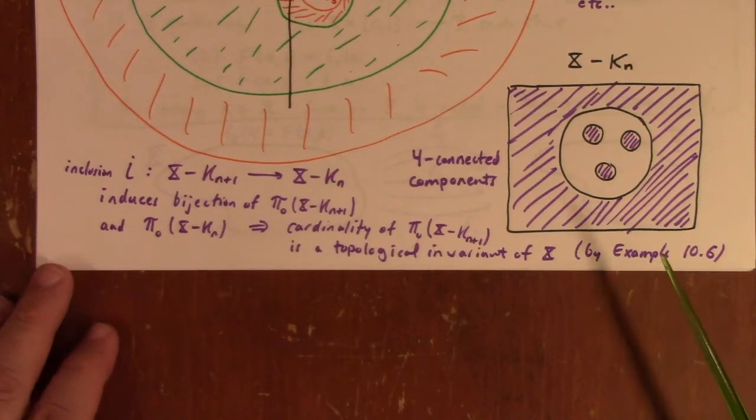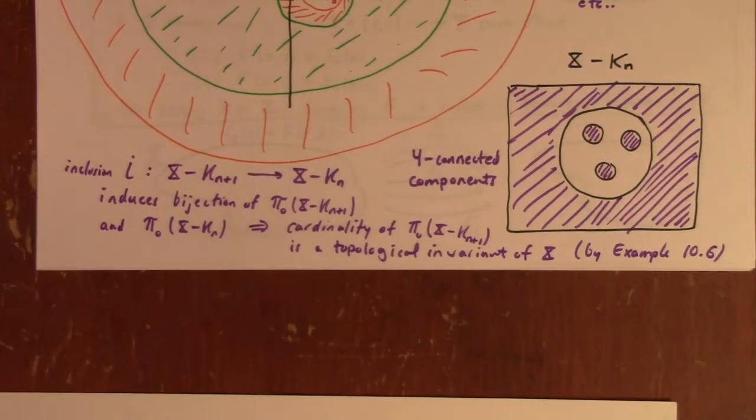This is by example 10.6, which I skipped over here, didn't I? Let's see here. So 10.6, let me just talk about it momentarily. What page is that on? 168. 168 is 10.6.